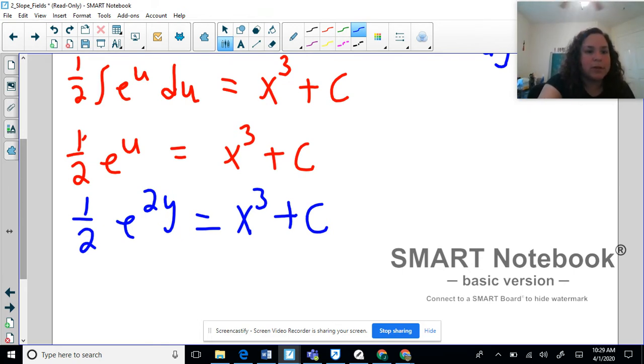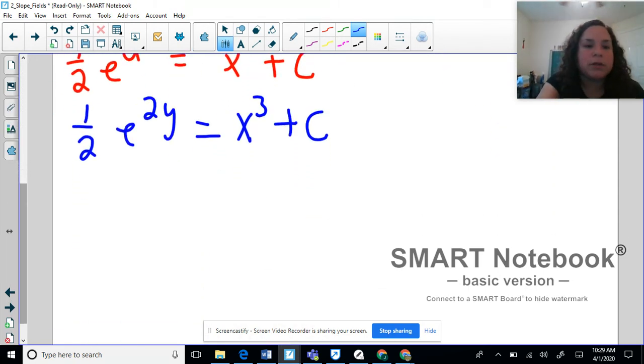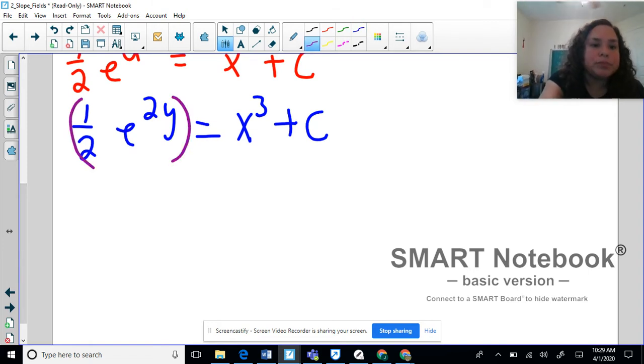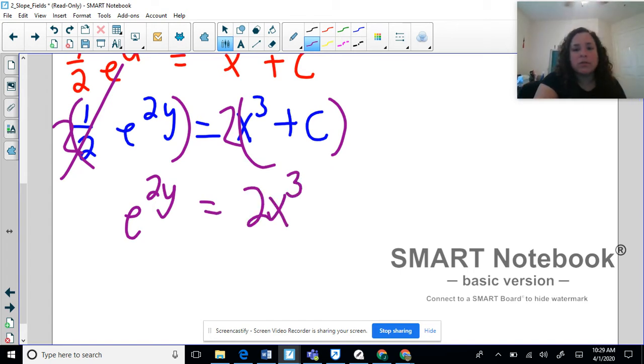So we multiply both sides by 2. We get e to the 2y equals 2x cubed plus, normally 2c, but 2c is still just a constant, so I'll just put c. If you want, you could put c with a subscript 1 to differentiate between the two constants.